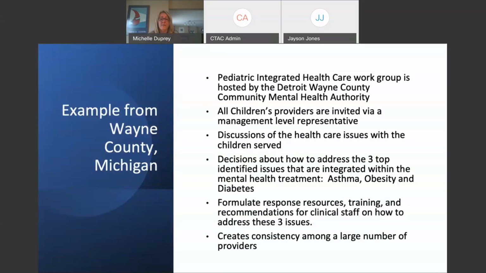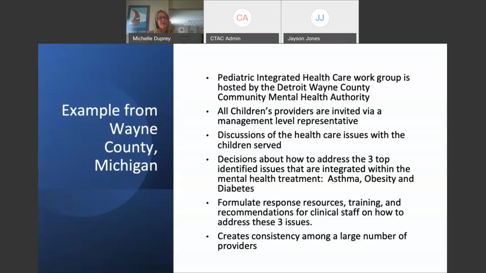We formulated some responses as they relate to resources, training, and recommendations for clinical staff on how to address these three issues with support. We're trying to create consistency among a large number of providers, so it's not just one provider doing it while another isn't. It's really about this system of care, where the system is mental health providers, and the care is about upping our care to include physical health aspects, but not in a way that's overwhelming.